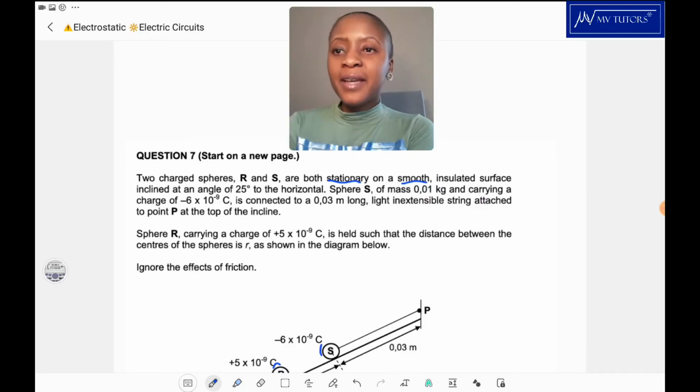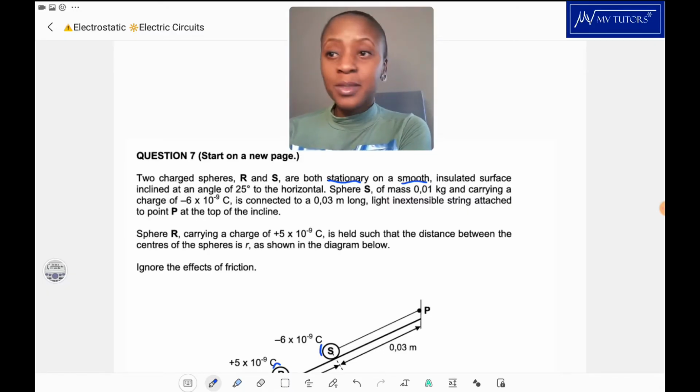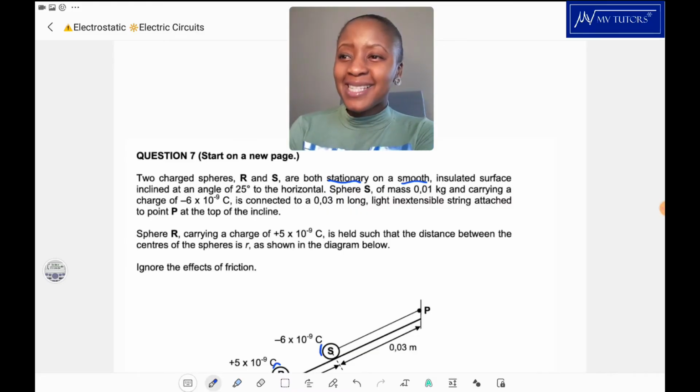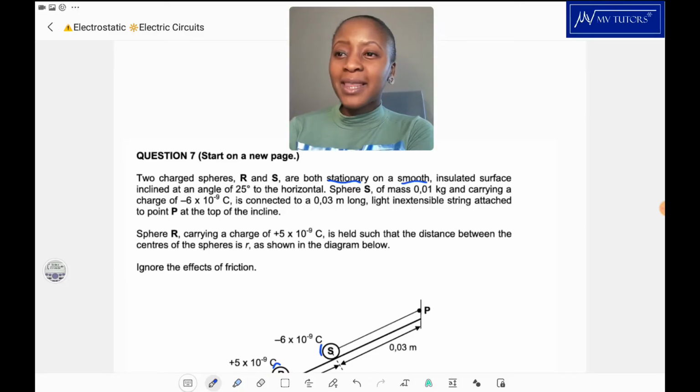Sphere S of mass 0,01 kilogram and carrying a charge of negative 6 times 10 to the power minus 9 coulomb is connected to a 0,03 meter long light inextensible string. Wow, what a description. Attached to point P at the top of the incline.